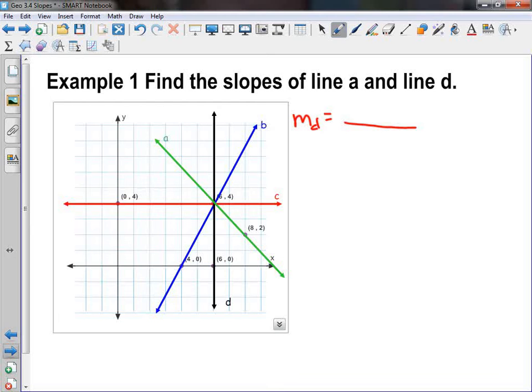Cook, which y is going to be my first y on line D? 0, right? So we'll go 0 minus, and then we have to choose the one with 0, which is 6. So 0 minus 6. Wait. 0 minus.